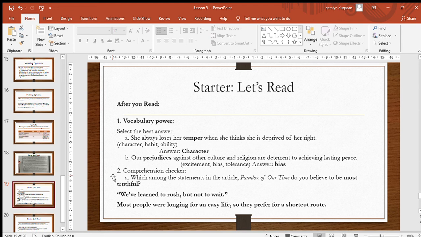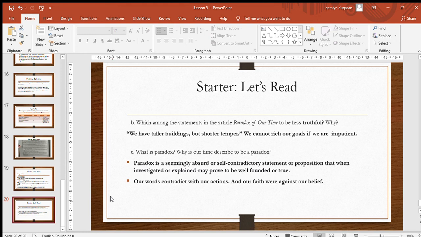Number 2. Comprehension checker. Letter A. Which among the statements in the article paradox of our time do you believe to be most truthful? I believe this one. We've learned to rush but not to wait. Why? Because most people were longing for an easy life, so they prefer a shortcut route.